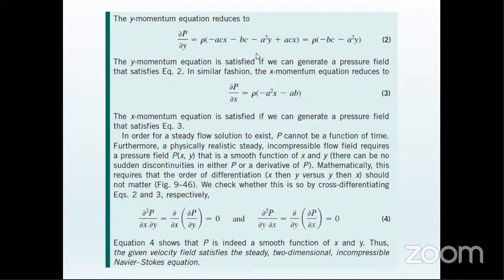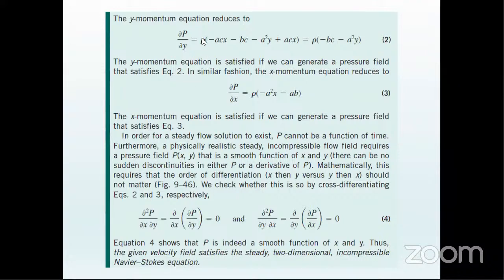Here two terms get cancelled, so rho times minus bc minus a square y. The momentum equation here is satisfied if we can generate a pressure field that satisfies the equation as the rate of change of the pressure.